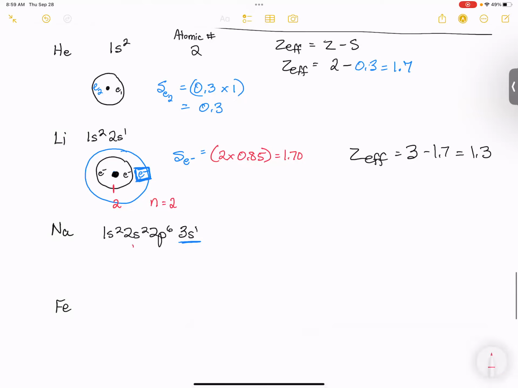This is in the N-1, because it's 3 minus 1, which is equal to 2. And therefore, these 8 electrons are going to be 0.85.